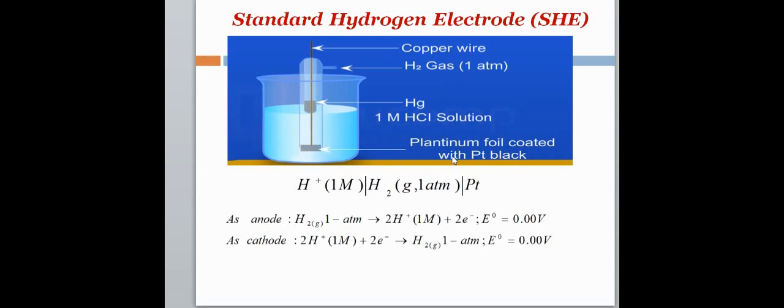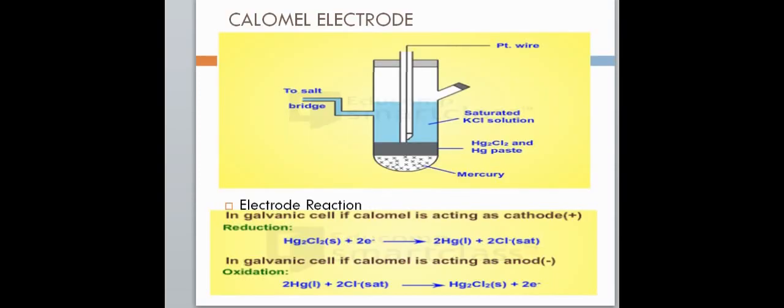When it acts as an anode, it is shown on the left hand side of the cell representation, so it becomes this equation. Suppose it acts as a cathode, which means it is shown on the right hand side, so it becomes 2H plus plus 2e minus gives H2. But in both cases, what is the electrode potential? 0 volts. So that's about the standard hydrogen electrode.